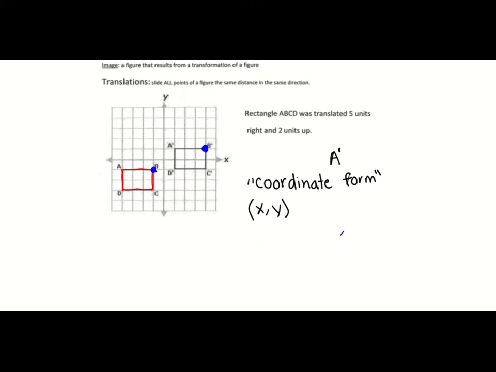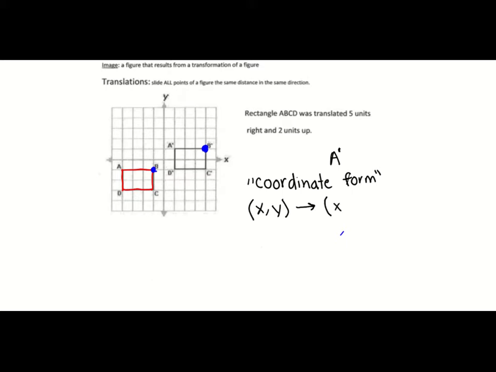So any coordinate, we could match this up with A, B, C, or D. And I'm going to draw an arrow here to show that we're transforming it in some way. And our transformation is to go right 5. So that means I'm going plus 5 in my x direction.